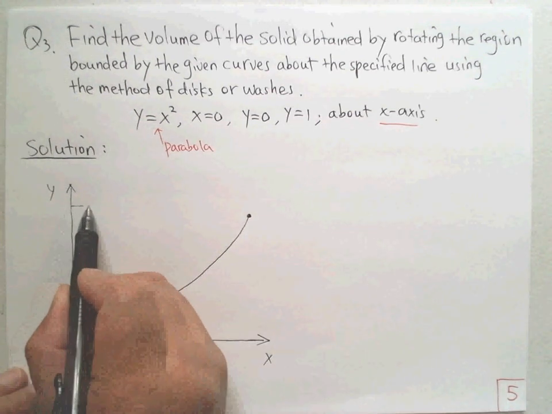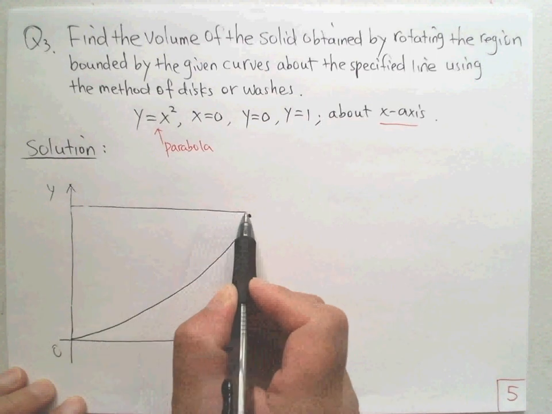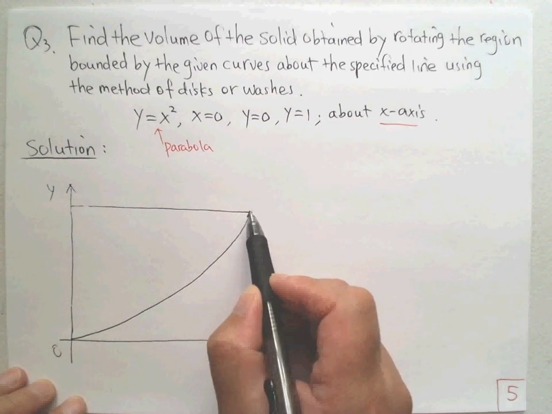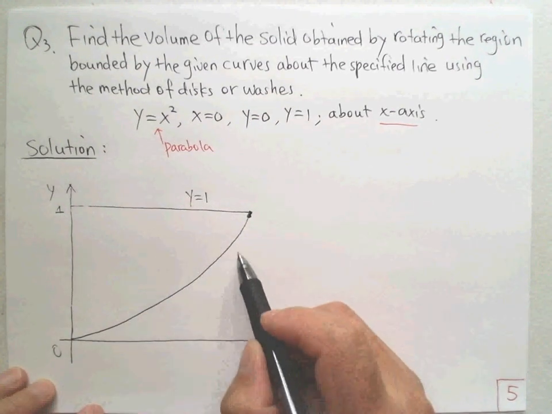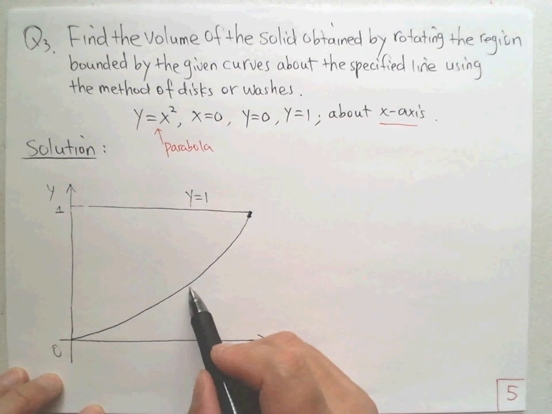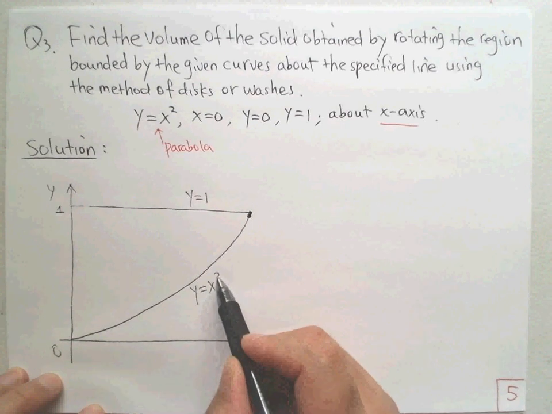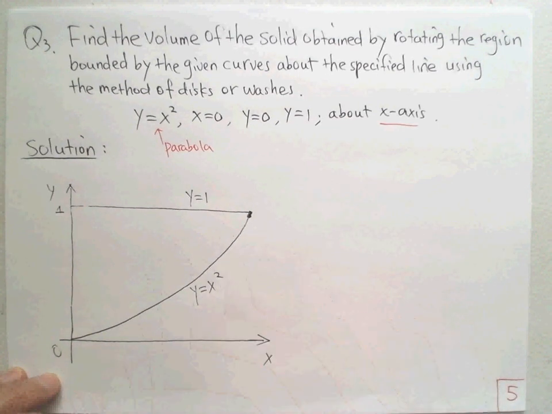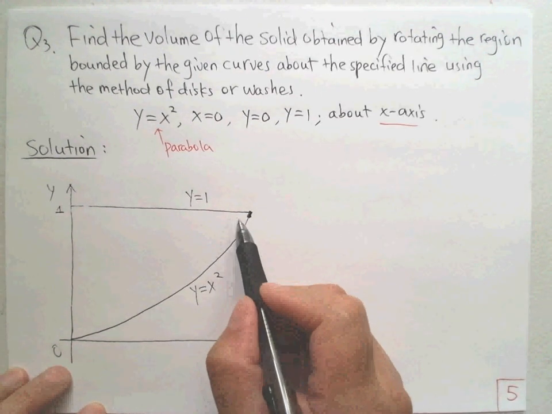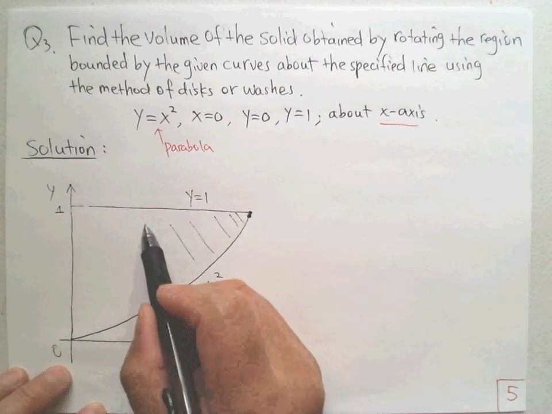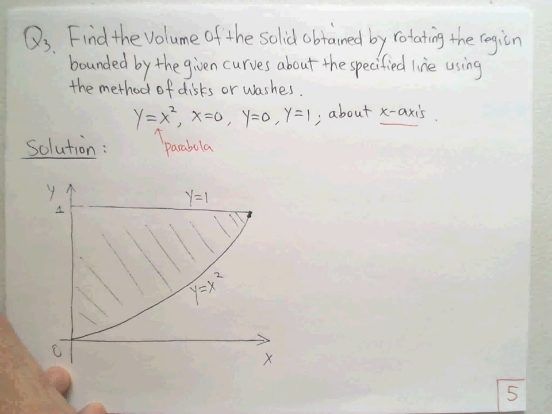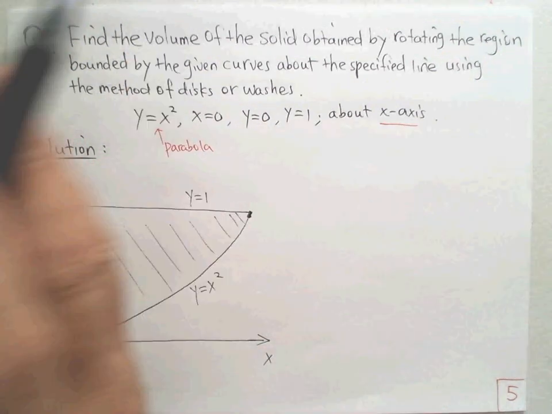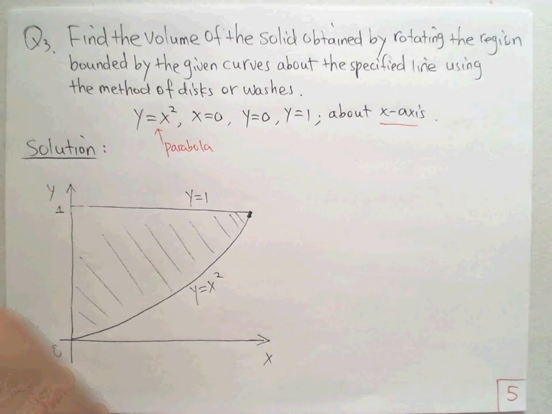Y equals 0 is the bottom, the X-axis. Y equals 1, so I have to draw this. Sorry. So this is 1, so this is Y equals 1. This time this is Y equals X squared. And then the region we can find, right? The region is still the same region as the previous question. So this is the region.